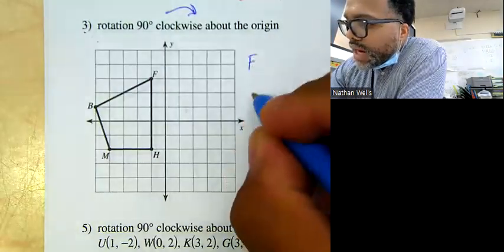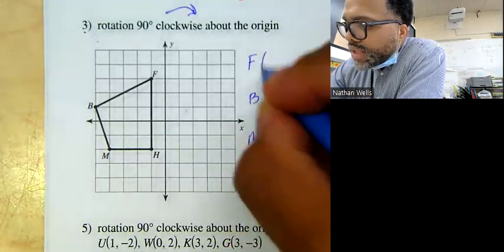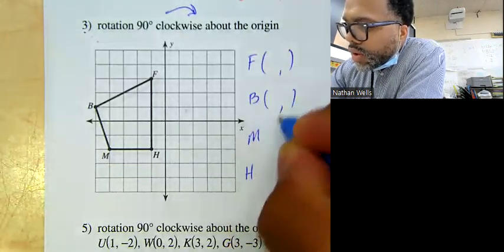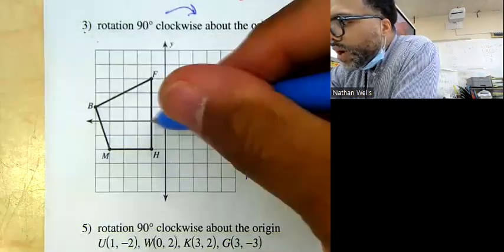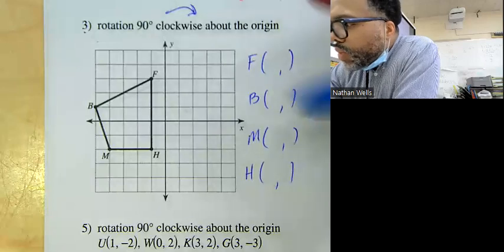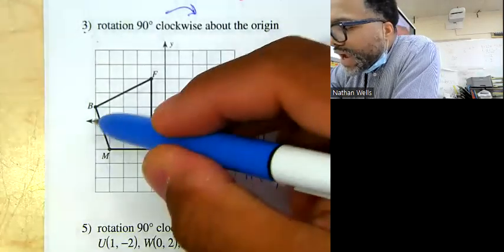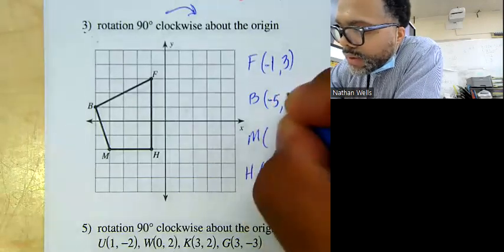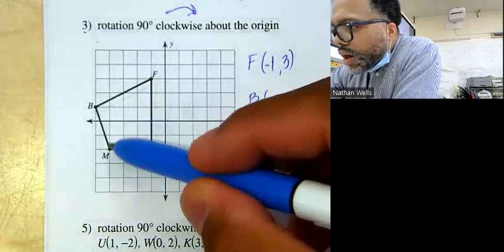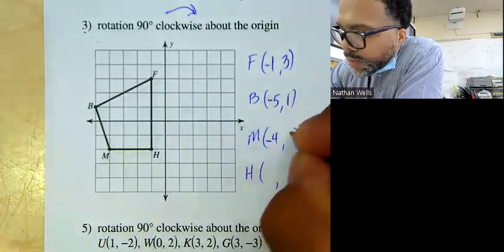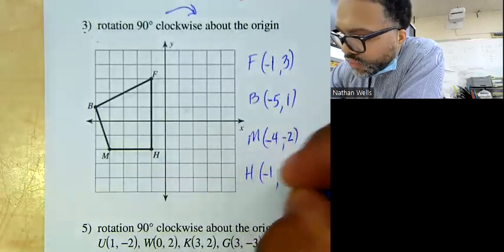But we're going to locate the points of our shape, the coordinates of those points. -1, 3 is my F. B is -5, 1. M, -4, -2. And H, -1, -2.